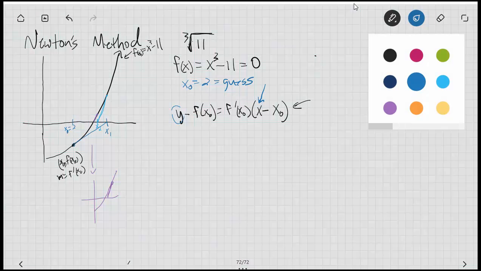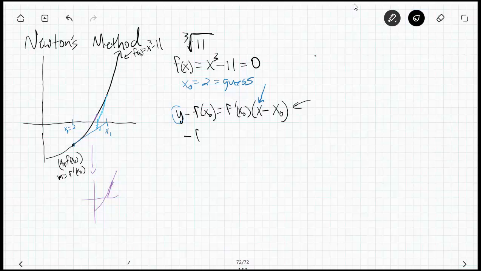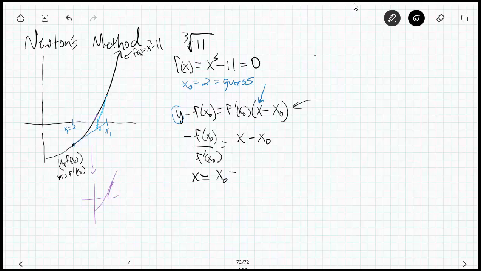I'm going to end up with, let's go back to black, negative f of x naught divided by f prime of x naught is equal to x minus x naught. So in a quick little puff of algebra, this becomes x is equal to x naught minus f of x naught over f prime of x naught.